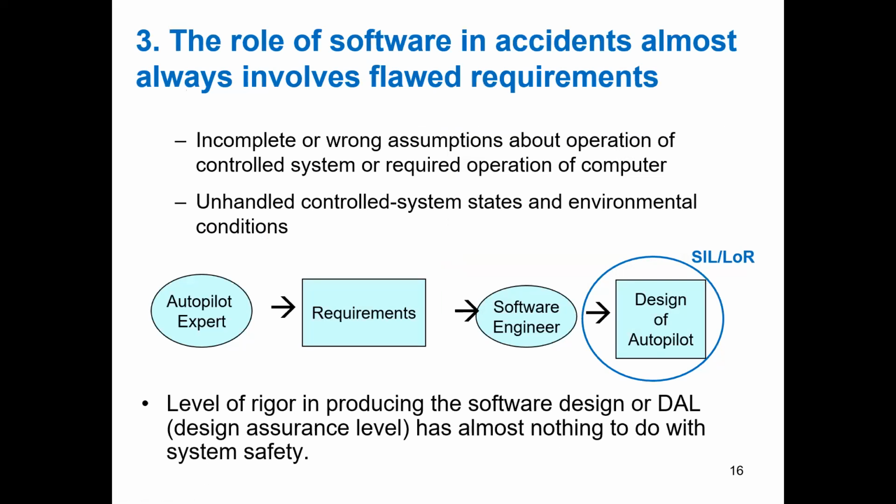Finally, the role of software in accidents almost always involves flawed requirements. There are incomplete or wrong assumptions about the operation of the controlled system or the required operation of the computer, and there are unhandled controlled system states and environmental conditions.